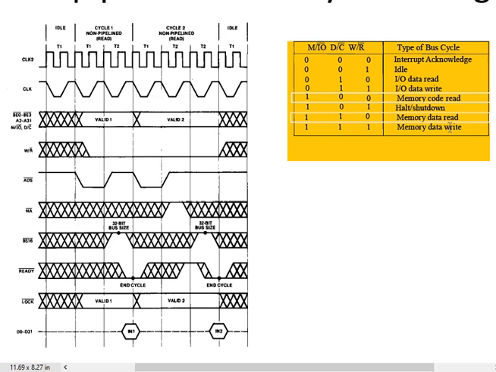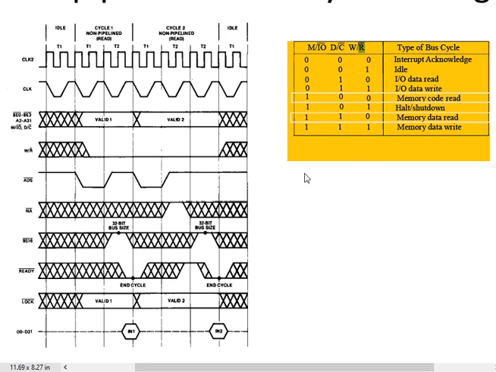So if we are going to write data to memory, since it is memory this signal should be 1. Since we are going to transfer data, this signal is 1, and since we are going to write data, this signal is 1. But if we are going to read data from memory, these two will remain as they are, but the third bit will be 0 for the read operation.